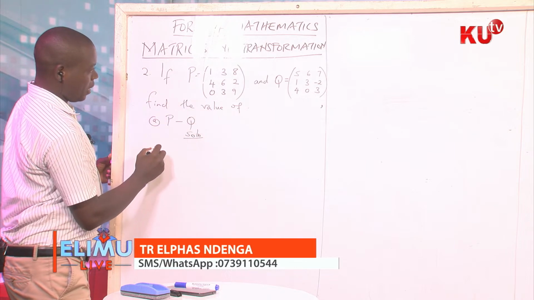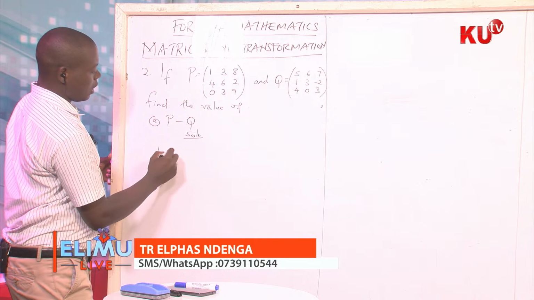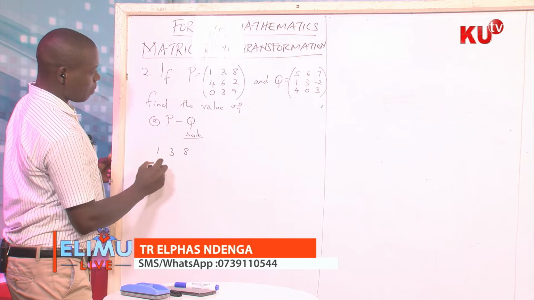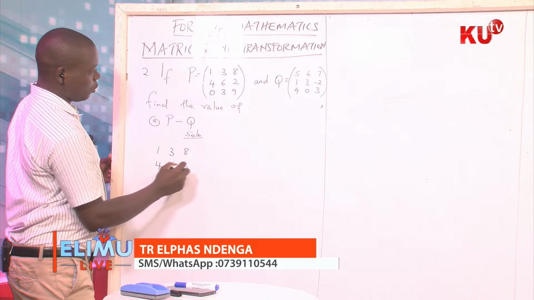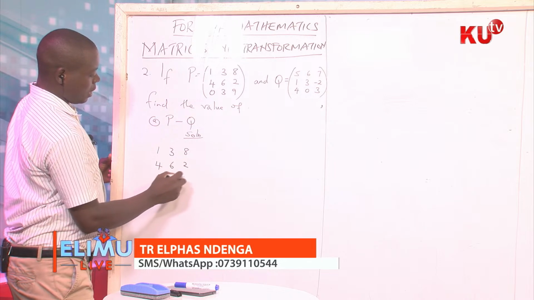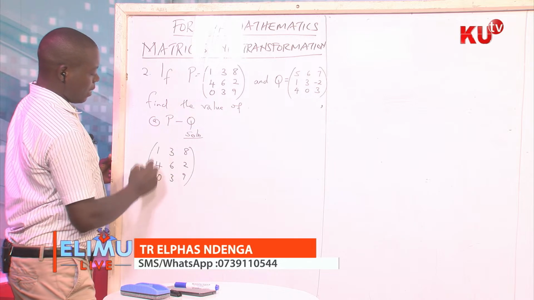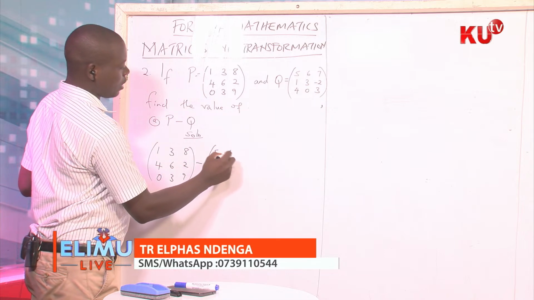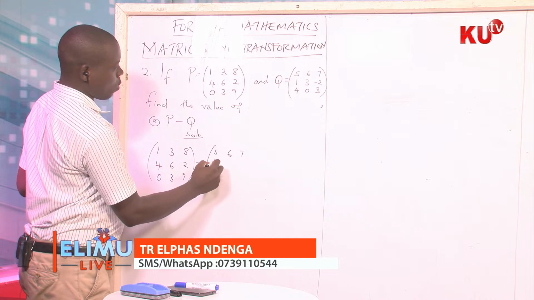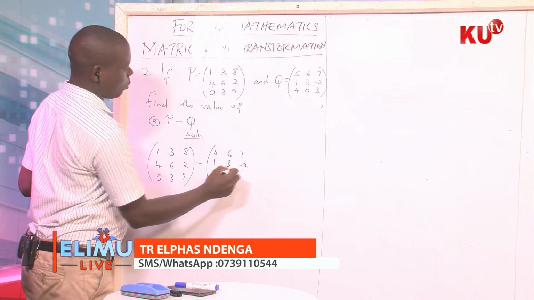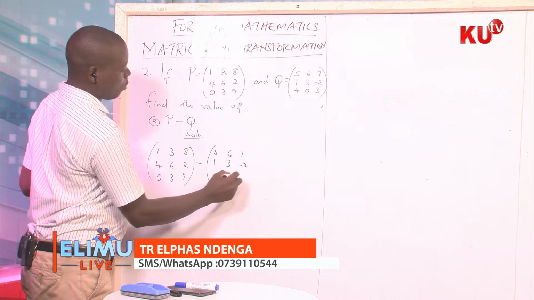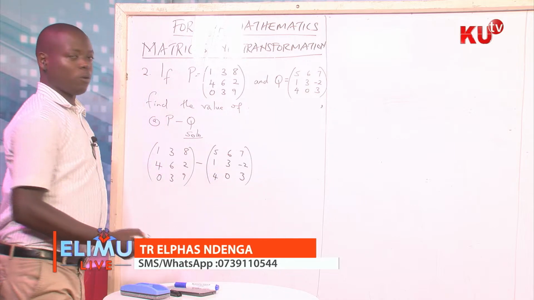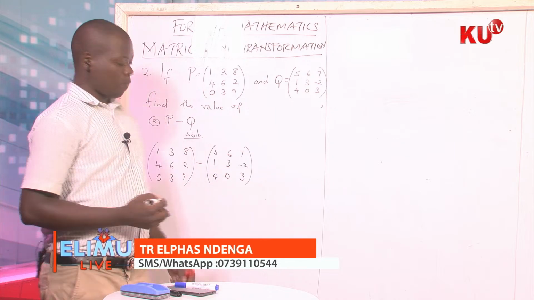We'll say P is 1, 3, 8, 4, 6, 2, 0, 3, 9. We minus Q, which is 5, 6, 7, 1, 3, negative 2, 4, 0, 3.